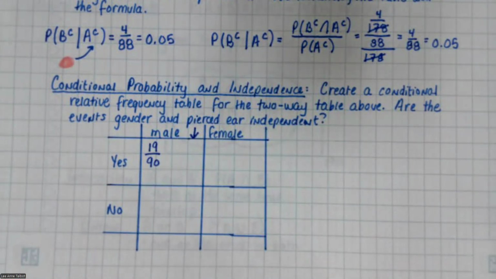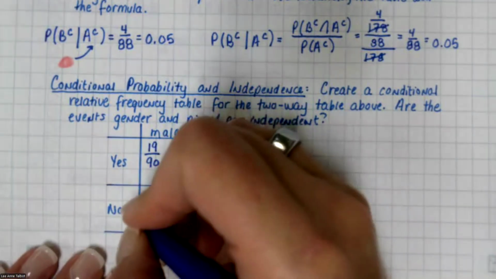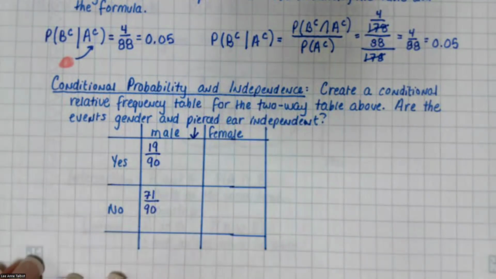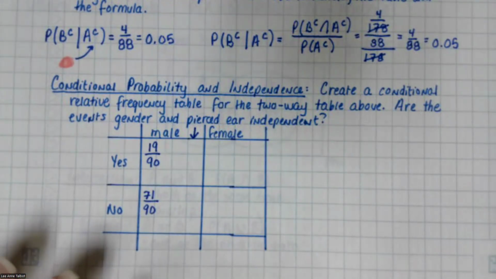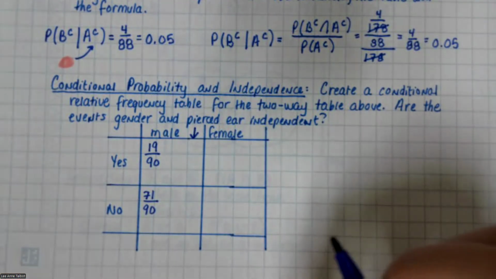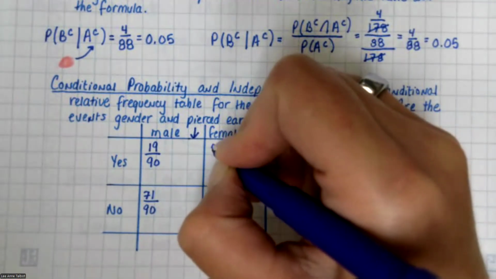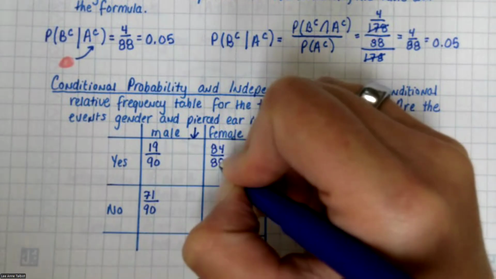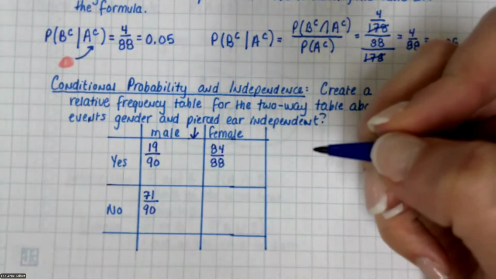Can you look back up at the table and see where the 19 over 90 came from? Perfect. And then this box would be 71 over 90. Do you remember doing this from chapter one? I remember a lot of you saying, how do I tell if I divide down or across?